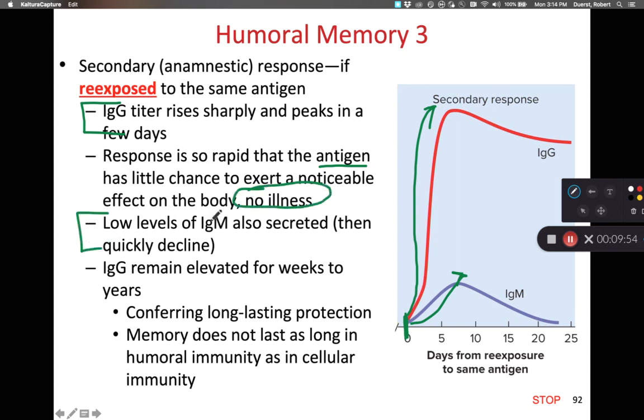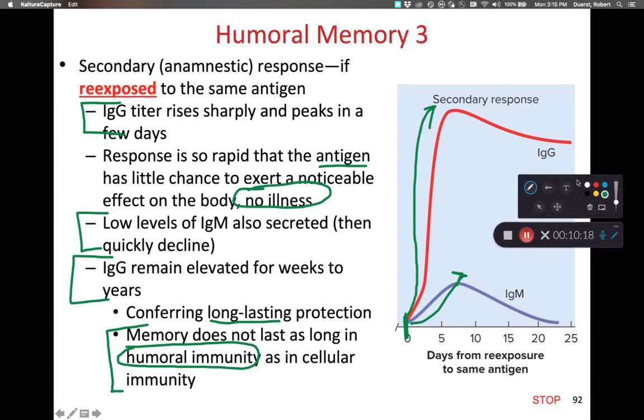The low levels of immunoglobulin M decline very quickly, but the elevated levels of immunoglobulin G are going to remain elevated in our body for weeks or years, giving us very long-lasting protection. Now, this memory does not last as long in humoral immunity as it does in cellular immunity. So humoral immunity memory B cells don't live as long as memory T cells, but they do last for a very long time.